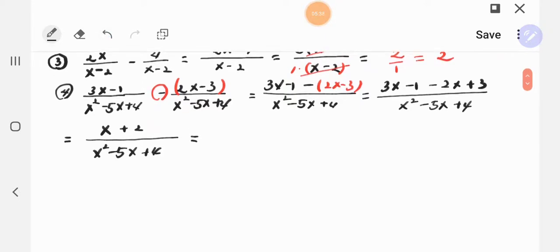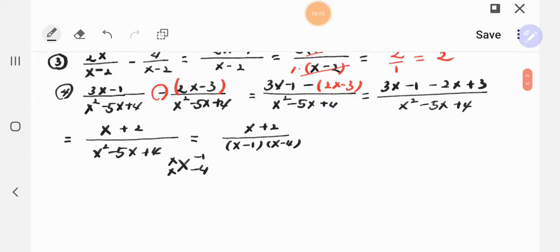Let's factor the denominator: x times x, 1 times 4, both negative, to make the sum negative 5x. So the denominator is x minus 1 times x minus 4, and the numerator is x plus 2. Since we cannot cancel out, that's the simplest form.